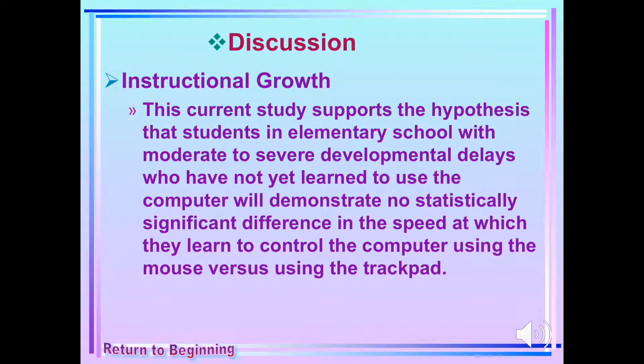This current study supports the hypothesis that students in elementary school with moderate to severe developmental delays who have not yet learned to use the computer will demonstrate no statistically significant difference in the speed at which they learn to control the computer using the mouse versus using the trackpad.